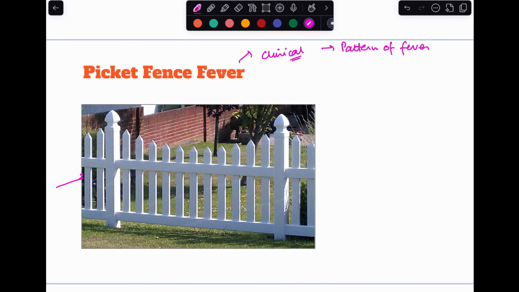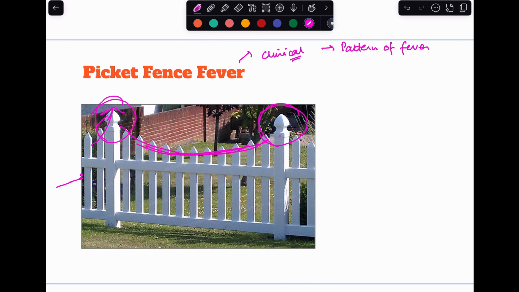Just like the picket fence over here, this refers to a characteristic fever pattern where we have spikes of high temperature separated by normal readings. Then again there is a high temperature peak. So you can see there are two high temperature peaks separated by near normal readings, and this resembles how a picket fence looks like. And that's the reason why this is known as picket fence fever.